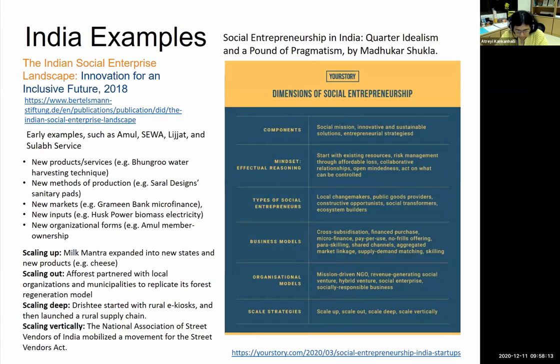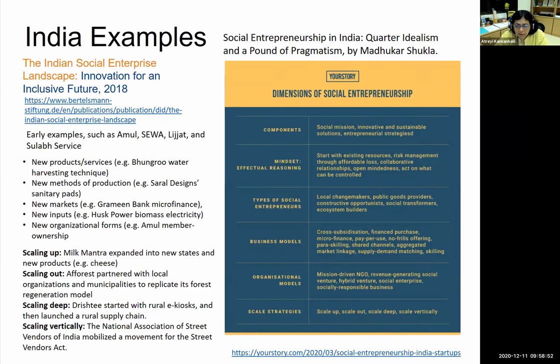Let me give some examples from India. Some of the early examples are Amul, Seva, Lijjat, and Sulabh Services. I was looking through a recent book called Social Entrepreneurship in India as I was preparing for this talk. M.R. Rao did a review of it, and he talked about the different business models: new products, services, new methods of production, new markets, new inputs.